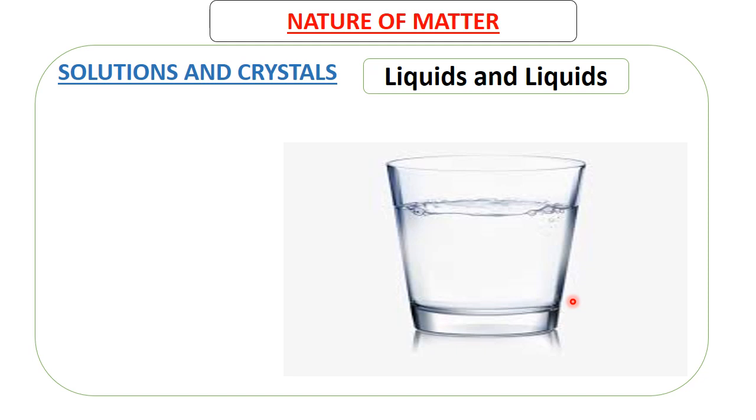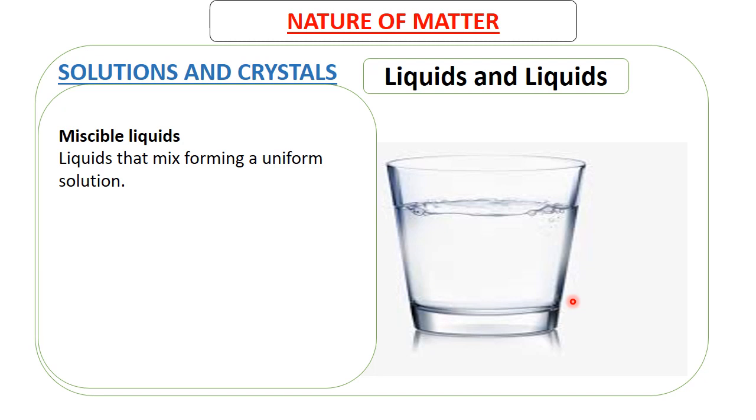But at the end of the day, when you pour alcohol into water, the resulting solution is uniform, which means you won't be able to tell the constituents of the solution or what makes up the solution. Such liquids, which if mixed give you a uniform solution, are called miscible liquids, defined as liquids that mix forming a uniform solution.